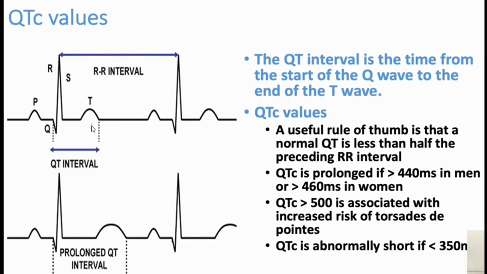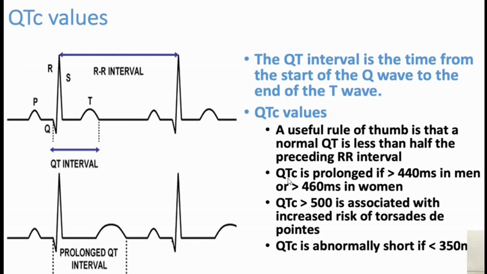Regarding QT interval, if QT interval is longer than half of RR interval, then we always mention that as prolonged QT. So, useful rule of thumb, normal QT interval is less than half of preceding RR interval.